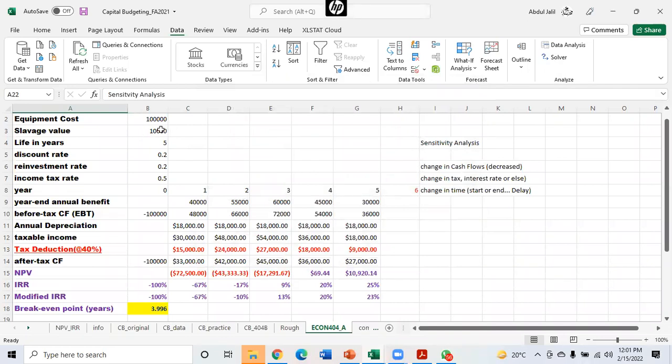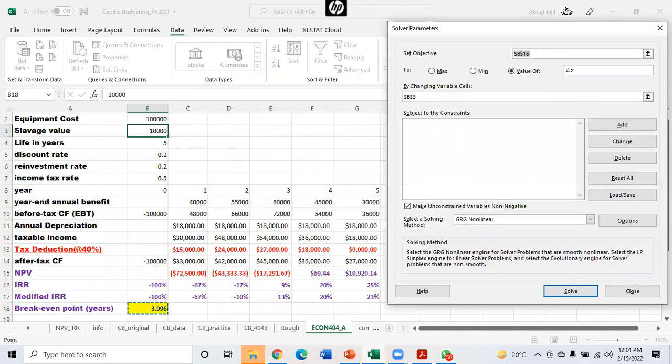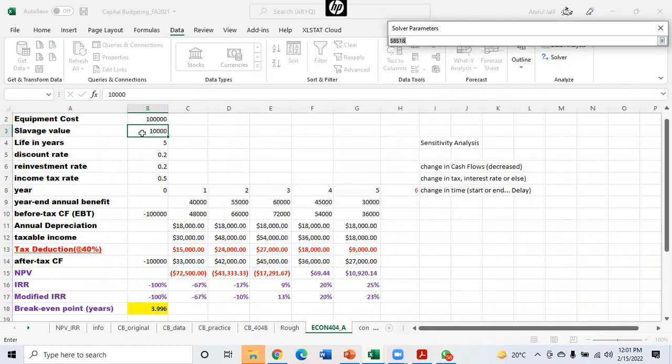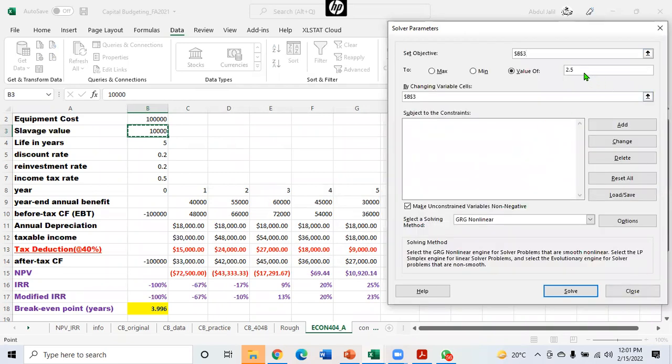Next, let's suppose you want to reduce this and you target this and you want to apply the solver on this value, and you want to get your money back. This is 10,000 and you want to get 30,000 back, right?